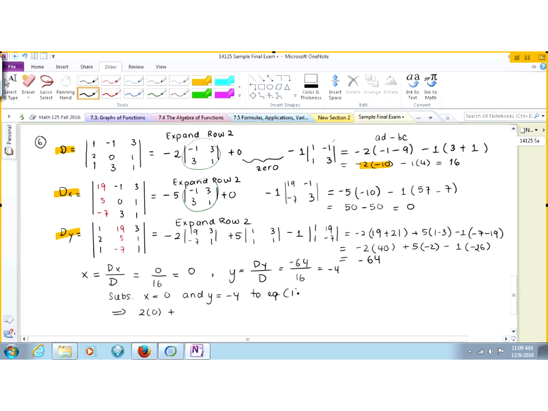It has to be equation 1. Because the second equation doesn't have a y. Sorry. So 1 times 0 minus 1 times negative 4 plus 3z is equal to 19. Are we okay so far?